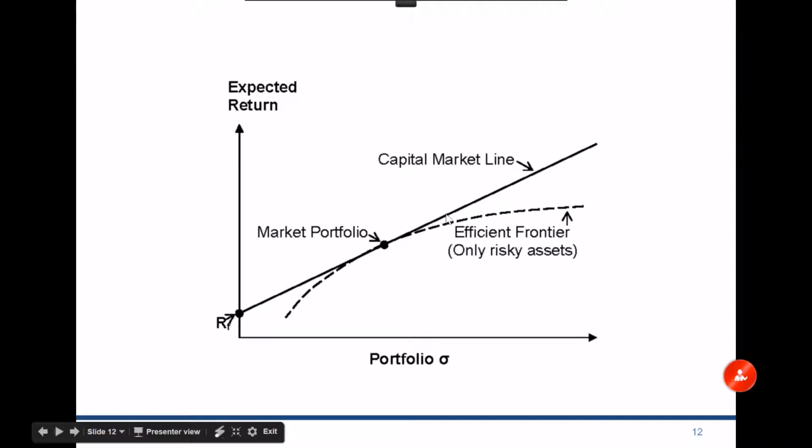Where the capital market line is tangent, these two efficient frontiers meet at this point. This is the tangent portfolio, and the capital asset pricing model says this tangent portfolio is the market portfolio.